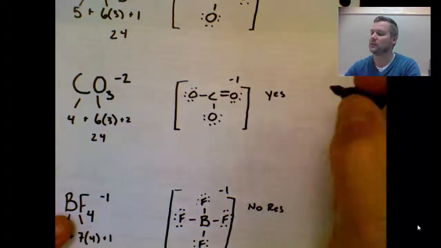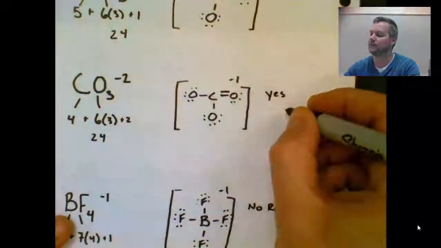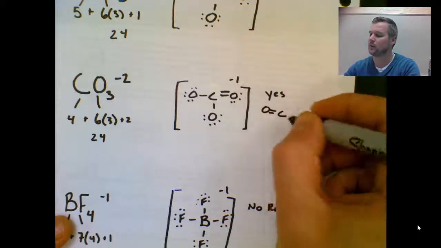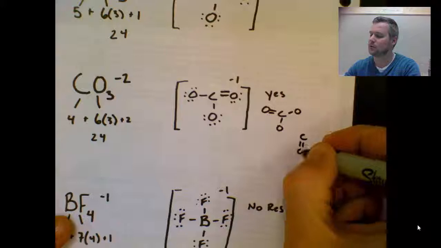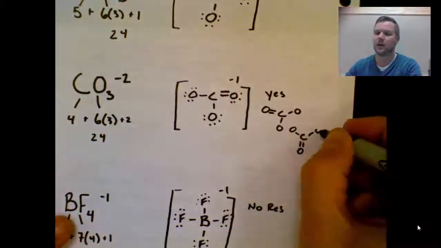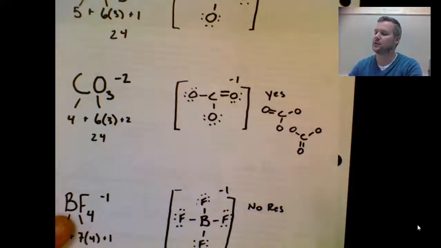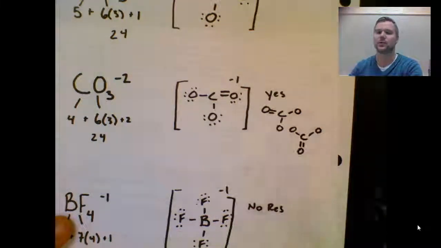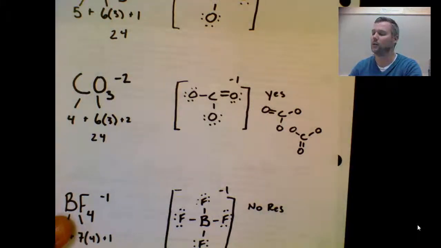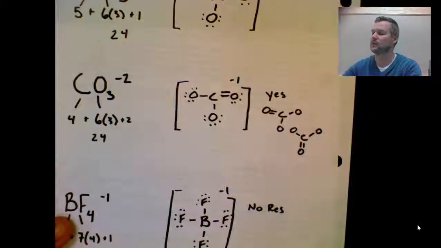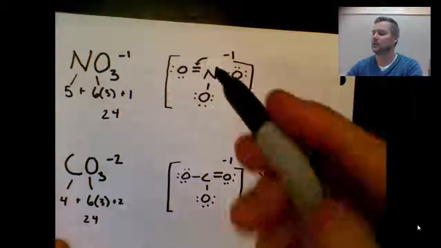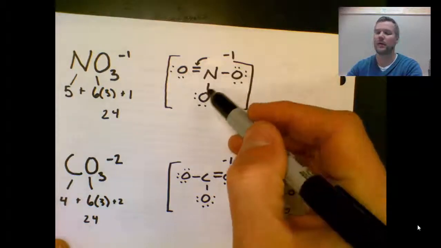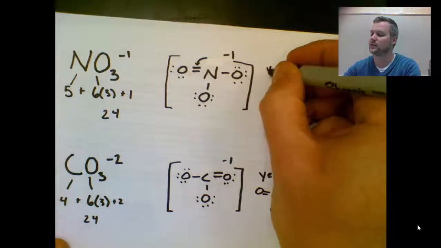So in actuality, the combination picture of this and this, these would be the most accurate depictions if we were to show all three pictures of the carbonate ion all at once, because the carbonate ion is a combination of those three pictures. So this is yes resonance, which would mean that this example, double bond, could have moved onto the right or the bottom oxygen as well. So this would be yes resonance.